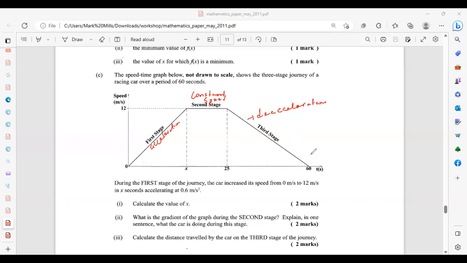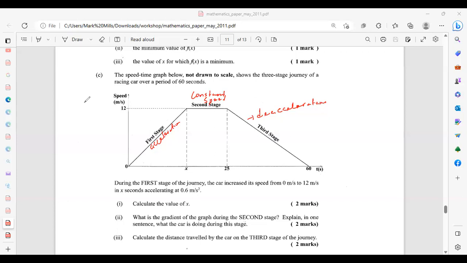Now, I need you also to notice that they say during the first stage of the journey, the car increased its speed from 0 meters per second to 12 meters per second in x seconds, accelerating at 0.6 meters per second squared.